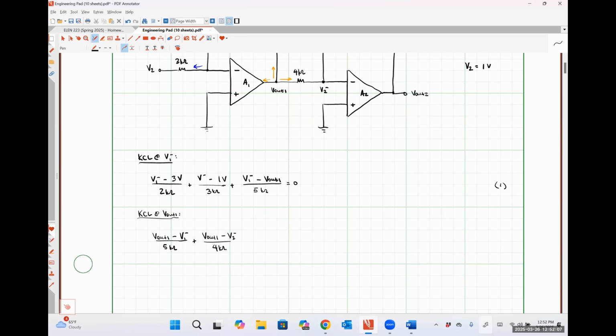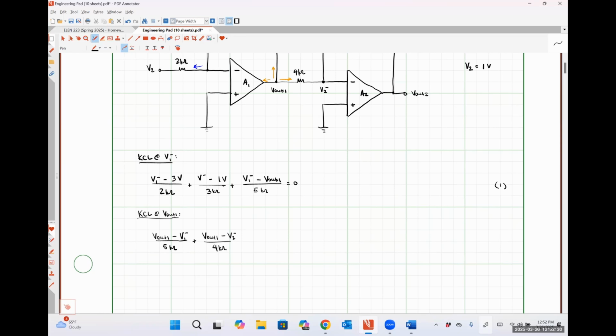A more simplistic way to think about it is that our ideal op-amp relationship says that no current can flow into or out of the input terminals of our op-amp, but it does not specify that no current can flow into or out of the output terminal.